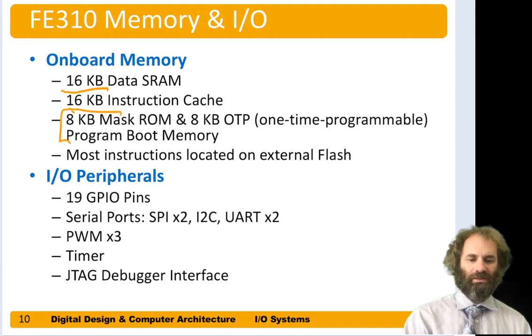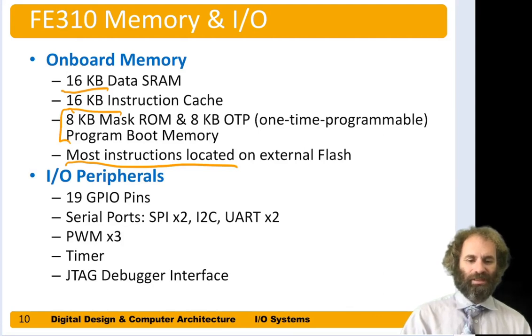It has two kinds of ROMs, an 8 kilobyte mask ROM that's programmed at the factory, and another 8 kilobyte one-time programmable ROM for boot. And all these really do is when you reset the processor, they point the processor to the right location to begin fetching instructions. And most of the instructions then come from an external flash chip.